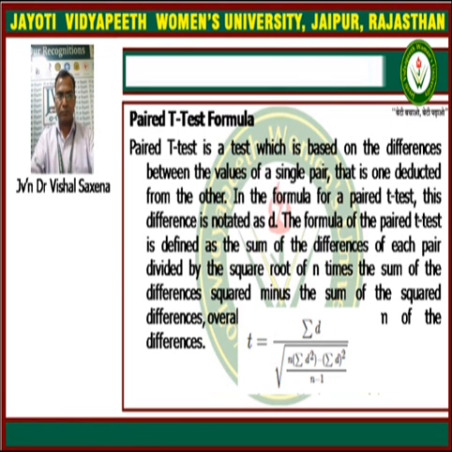So we find n times summation d squared minus the whole square of summation d, upon n minus 1. By this concept, we can find the t statistic, and then we can apply the method of the paired t-test.